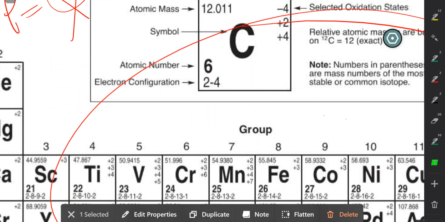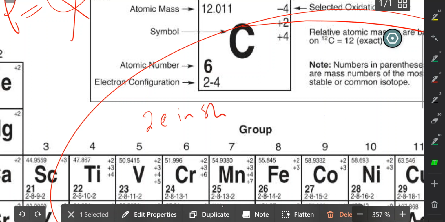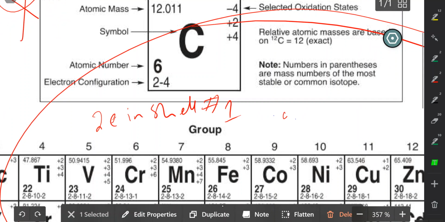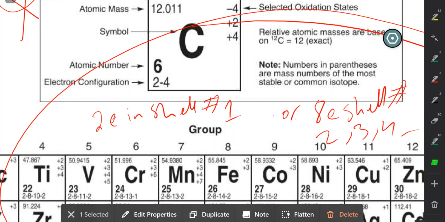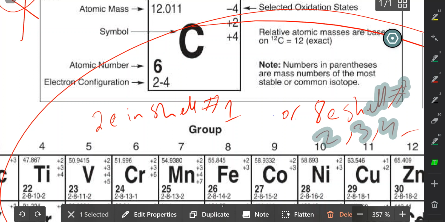So chemical stability is simply 2 electrons in the first shell, in shell number 1, or 8 electrons in shell number 2, 3, 4, etc. If you have 8 electrons, you have what we call an octet, and an octet means chemical stability. If you have 2 electrons in your first shell, then you also have chemical stability. All right.